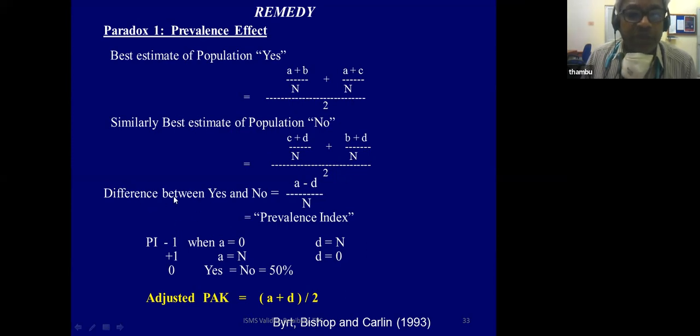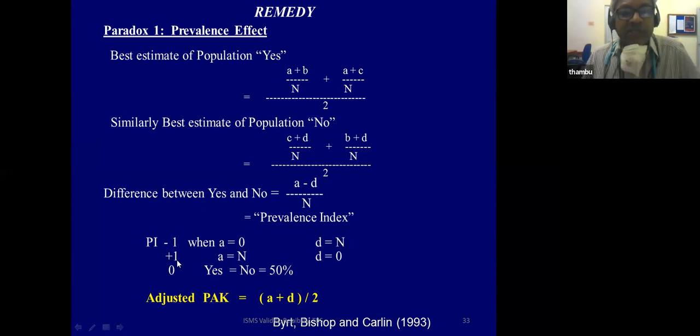The difference between yes and no is (A minus D) divided by n. This gives you something called a prevalence index. The prevalence index is -1 when A is equal to 0 and D is equal to n.